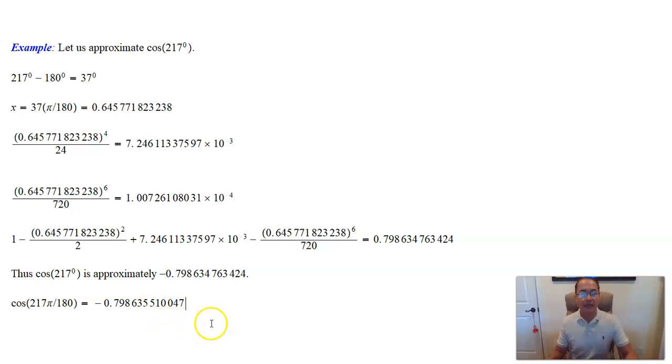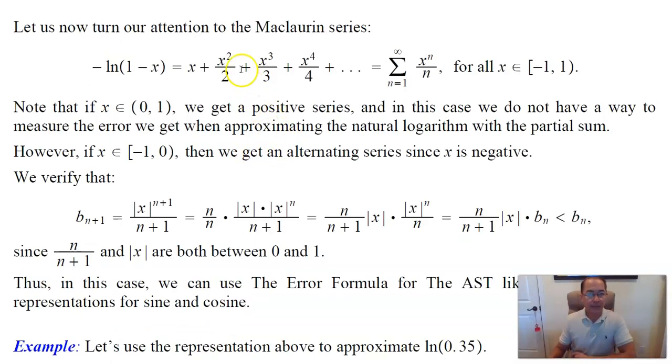Okay, so let's go back to our PDF and take a look at logarithms. Here is our Maclaurin series for the logarithm, although actually we did use the geometric series to find this by integration. We know though that if there is a power series for a function, it must be its Maclaurin series when you center it at 0.